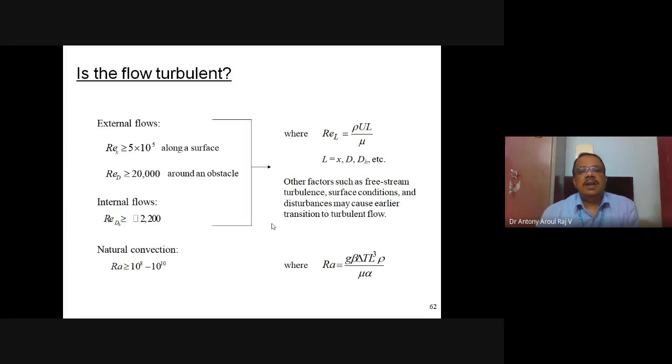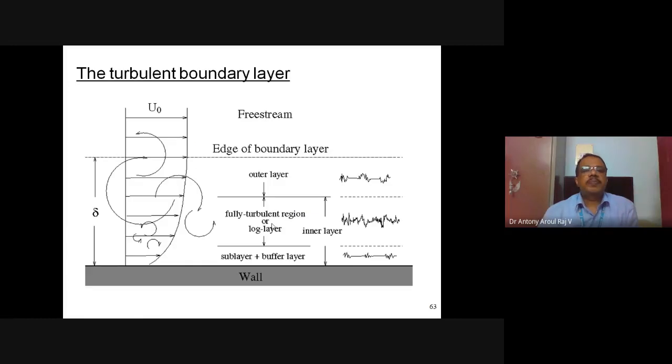You should not say only velocity. It is a combination of velocity, density, and dynamic viscosity. So that is what we have to understand. The flow in the laminar layer is very simple for us to understand. But in the turbulent layer, if I have a wall at the rear end of the boundary layer, the structure of the turbulent boundary layer will be like this. How will the values be?